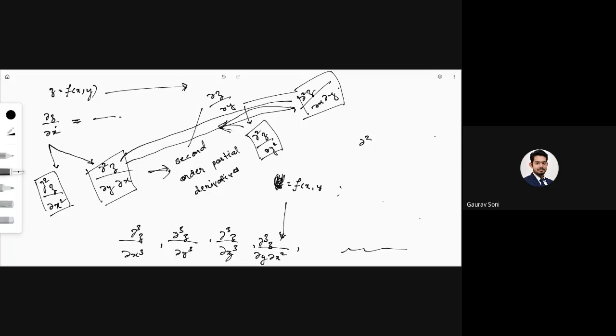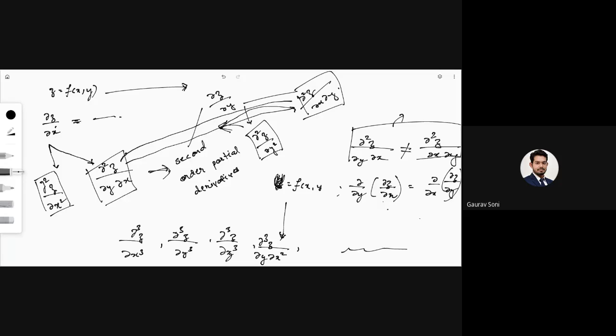Del 2z by del y del x is not equal to del 2z by del x del y. What is the difference in these two cases? In the first one, we are differentiating first with x and then with y, and in the other one, we are first differentiating with y and then with x. So these are called the mixed partial derivatives.